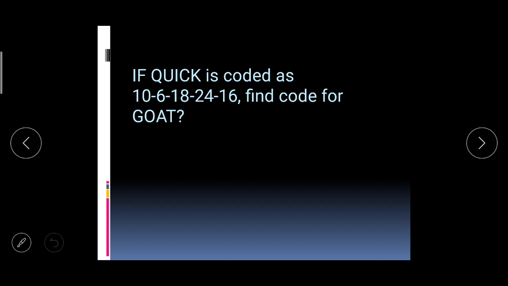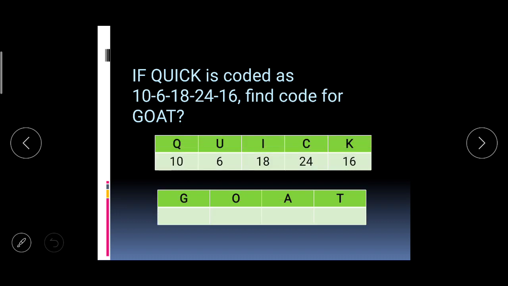Quick is coded as 10, 6, 18, 24, 16, and find the code for goat. Okay, so let's try. We don't understand any pattern, so what is our first approach? Just write the positions.